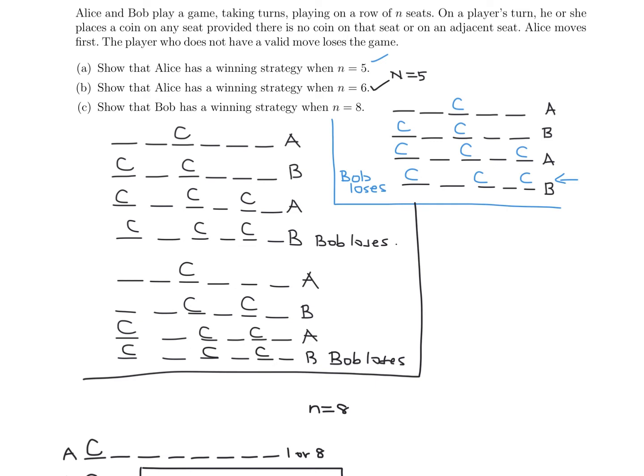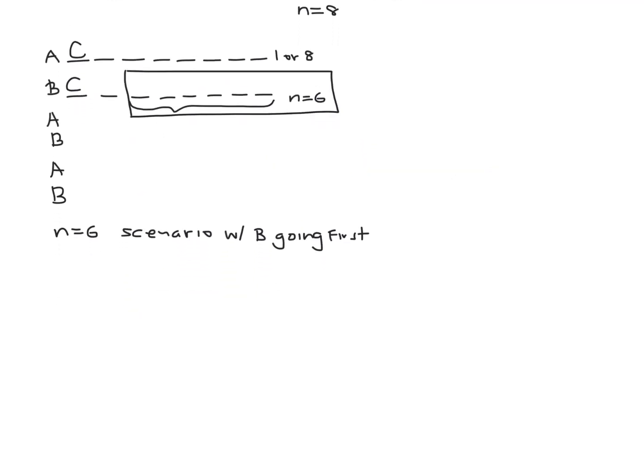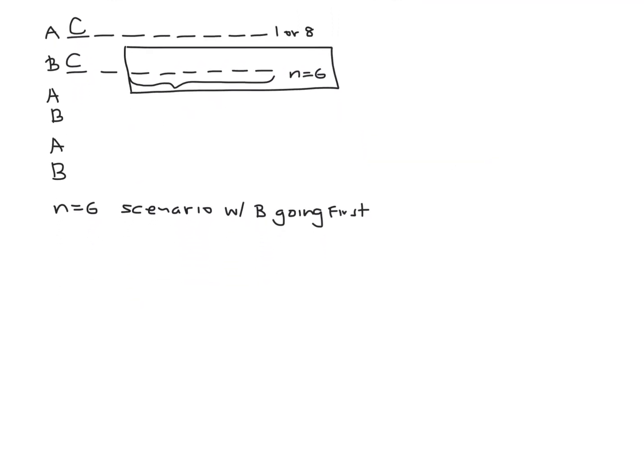The only difference was that Alice was going first. But in this one, it's n equals 6, and this time it's Bob's turn. Bob is making the first move. So n equals 6 scenario with Bob going first, use the same strategy as in part B of this question, and that will make Bob win.